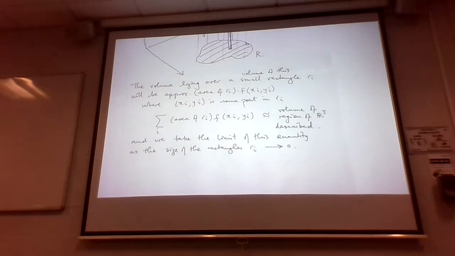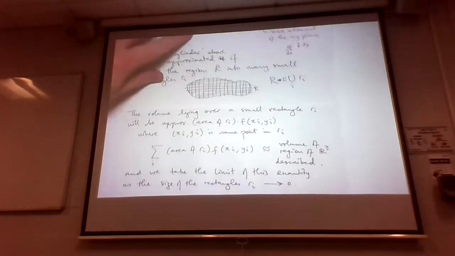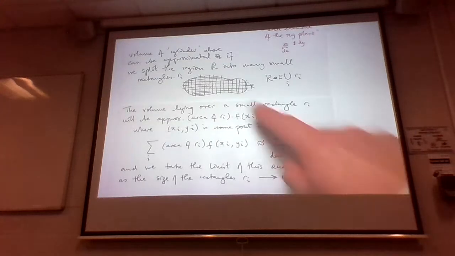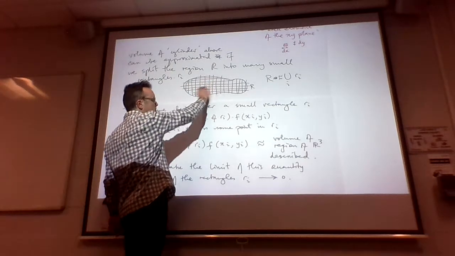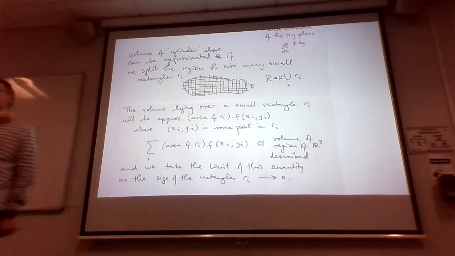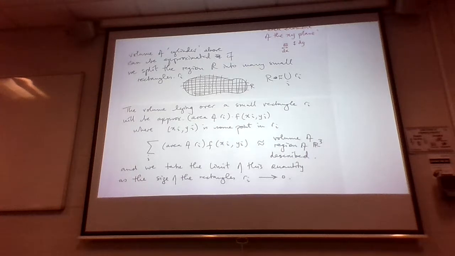So you're taking some finer and finer subdivision of your region R, splitting it up into many, many tiny rectangles Ri. So the size of these rectangles is approaching 0. You're taking the limit of that process.